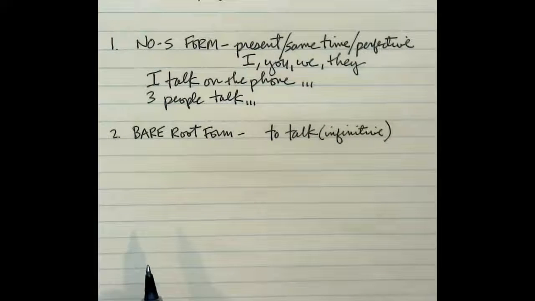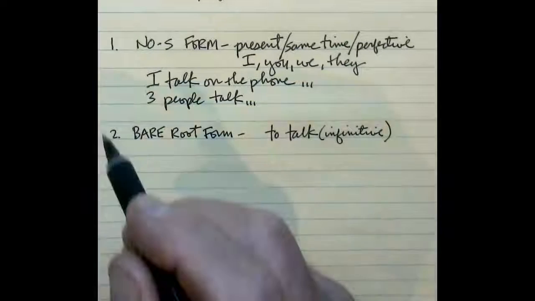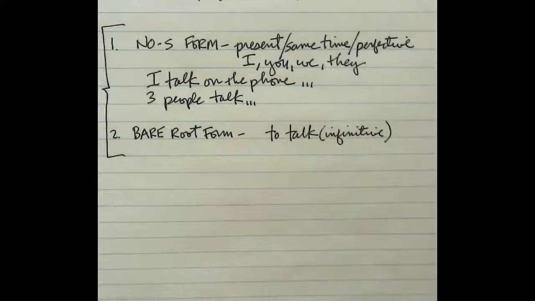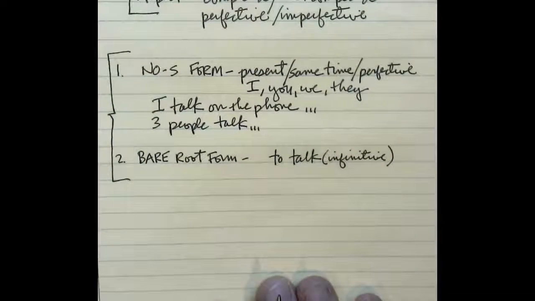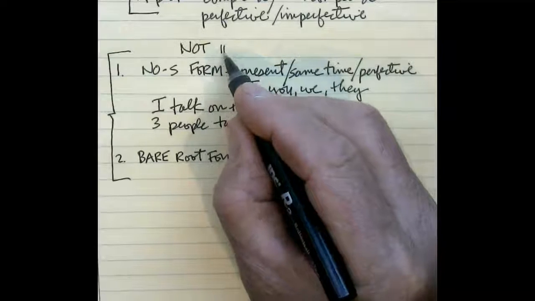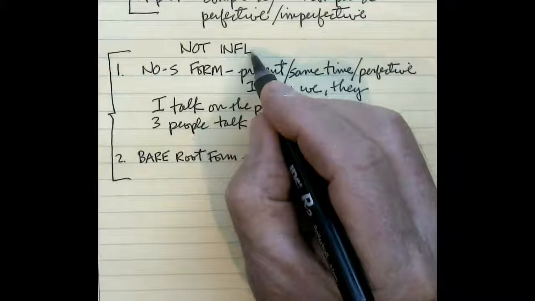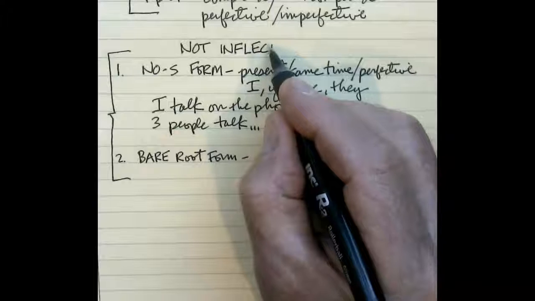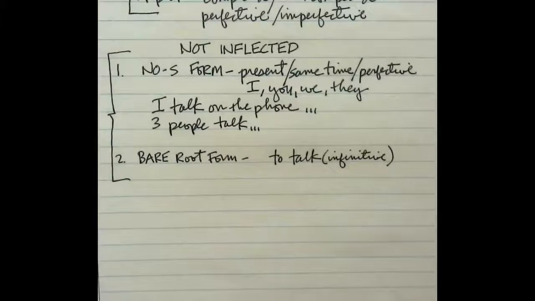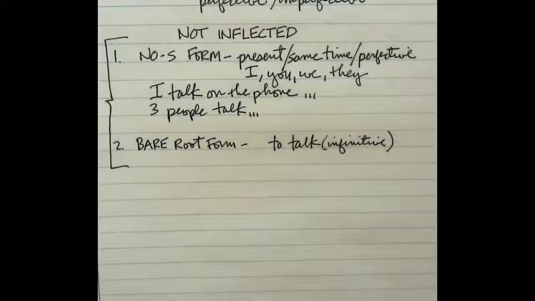Now, that takes care of these 2 first forms. And there is one more thing I'd like to say about them. Both of these forms are not inflected. Now, what does inflected mean exactly?